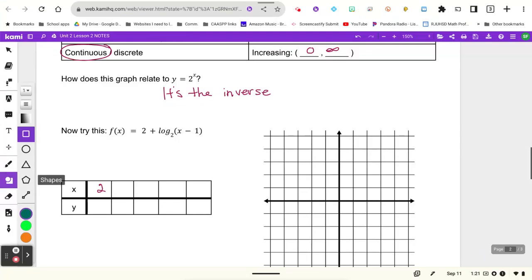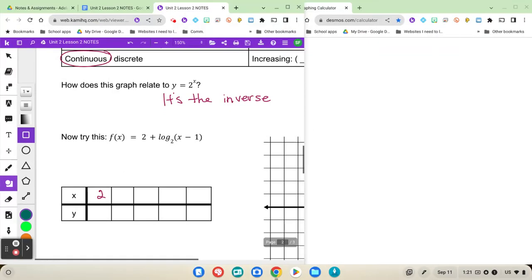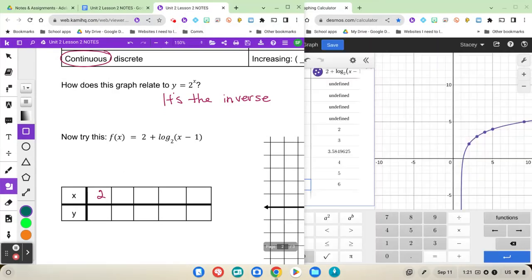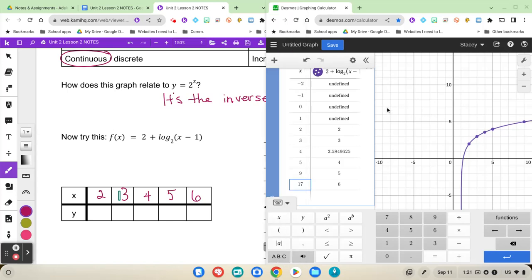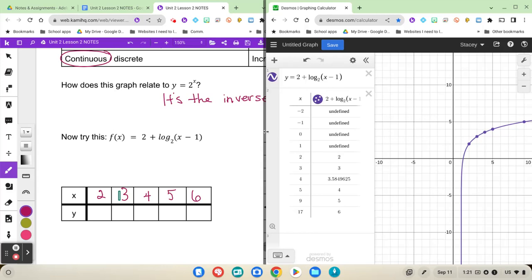And we're going to write those in. Sorry about that. There we go. So 2, 3, 4, 5, and 6. Oh, I should have made sure my table was over.